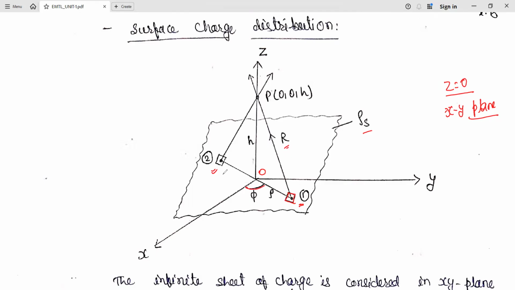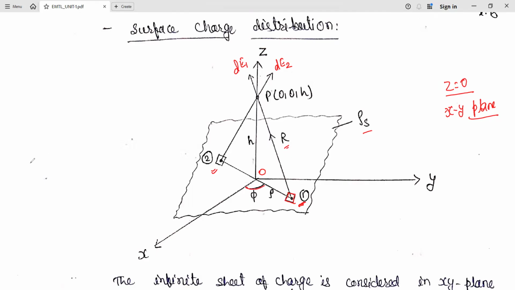So now finally what you see is that this is due to surface D1, and this is for the surface D2. That is, the differential surface we have taken, 1, due to that it is dE1, and for the symmetric differential surface we have 2, for that it is dE2.